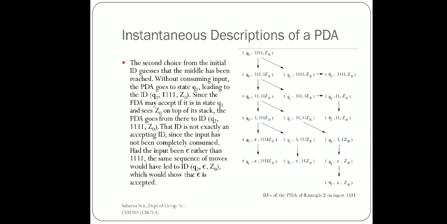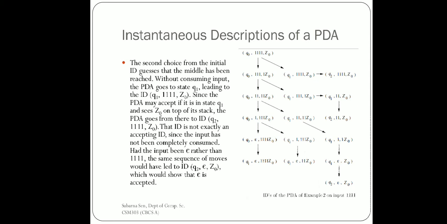So without consuming input, the PDA goes to the next state q1, leading to an ID. The new ID will be: q0 changes to q1, the unprocessed string will be the same, that is 1111, and the stack content will remain Z0 only, because I have not pushed anything to it.